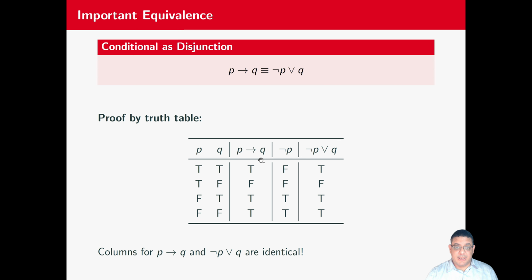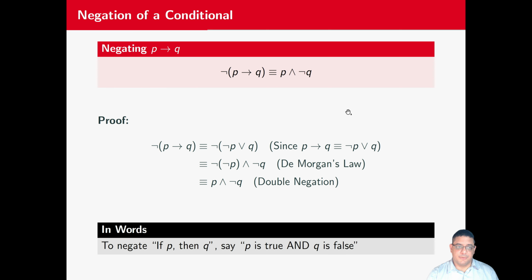We can prove that by a truth table, showing that they are logically equivalent. And as you can see, both P implies Q and not P or Q have the same truth values. So we can use them interchangeably if we're doing algebra with symbols.